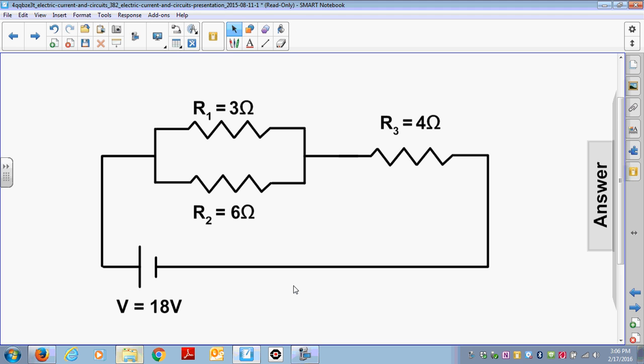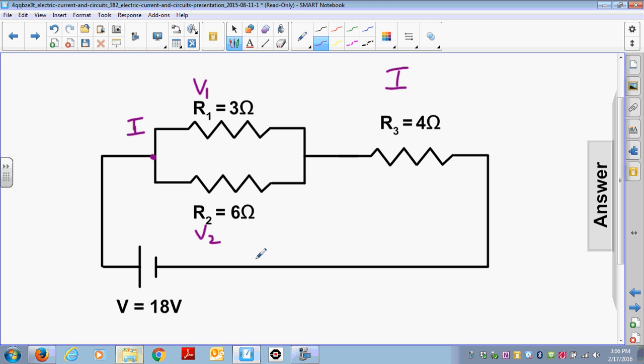So when you go forward, you reduce it to 1 resistor. When you go back, you look at the previous circuit. Okay, if I make this 1 resistor, I have 2 resistors in series. What's the same? That's right, the current. So the current would be the same here as it is going in here. Okay, now I go ahead and solve for V1 and V2.